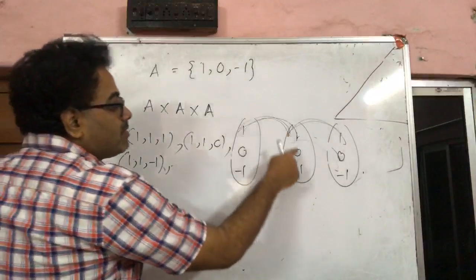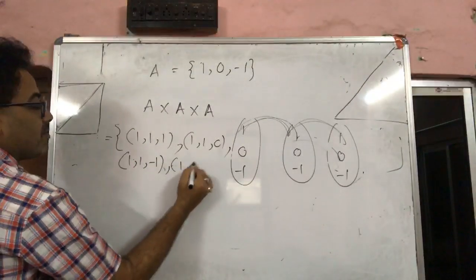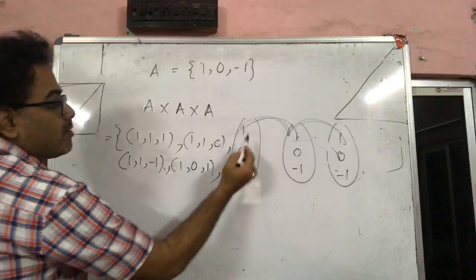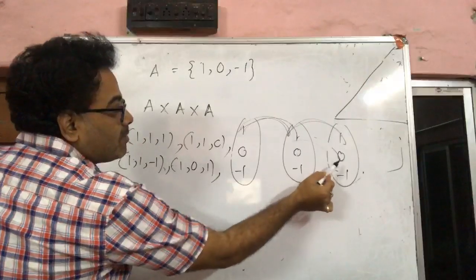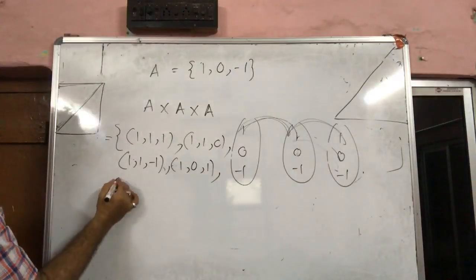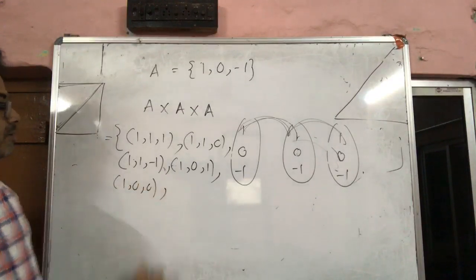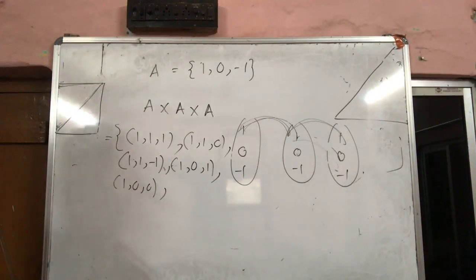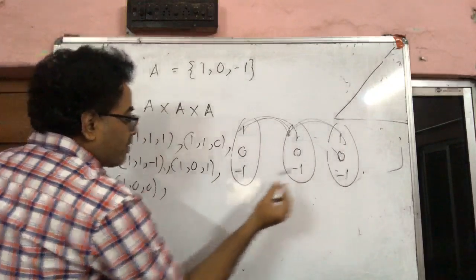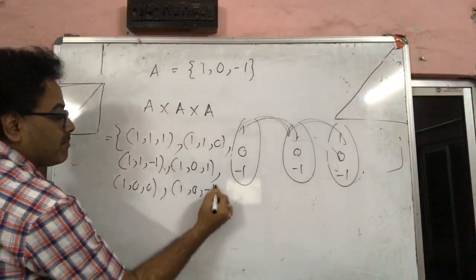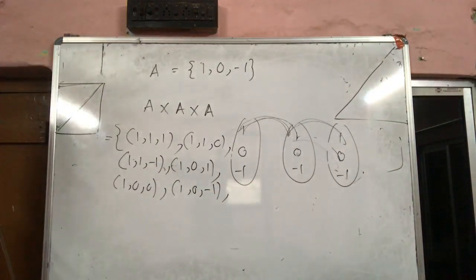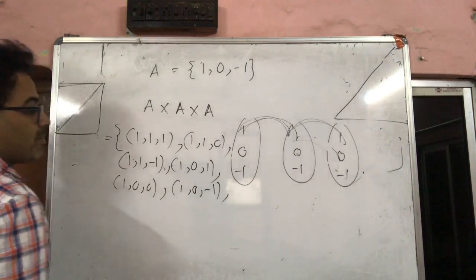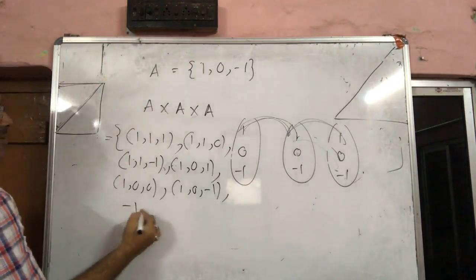Now 1 0 1, 1 0 0. Now 1 0 minus 1. Similarly, minus 1.